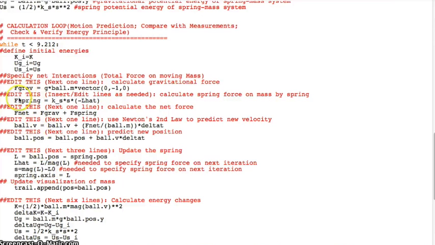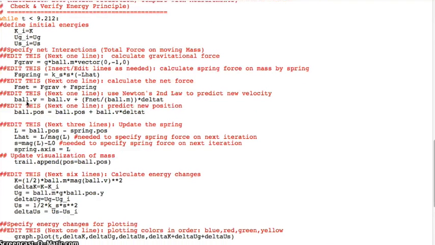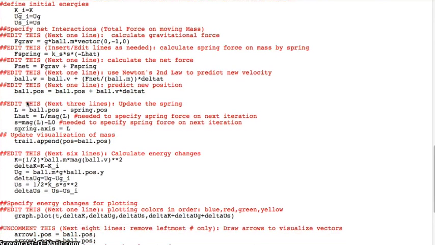Here we have simply inserted the force of gravity, force of spring, then the net force, and the ball velocity and the ball position as they are updated. The ball velocity, this is the final velocity that you see here. This is the velocity from the past running of the code, plus the F net divided by the mass of the ball, times delta t.